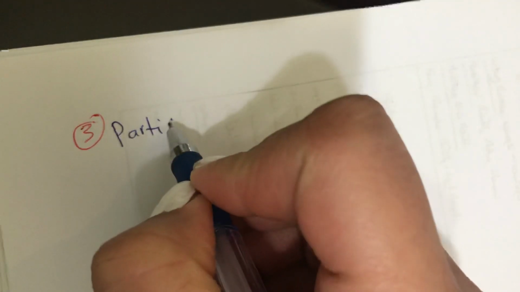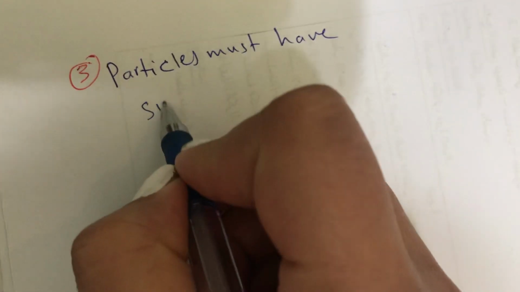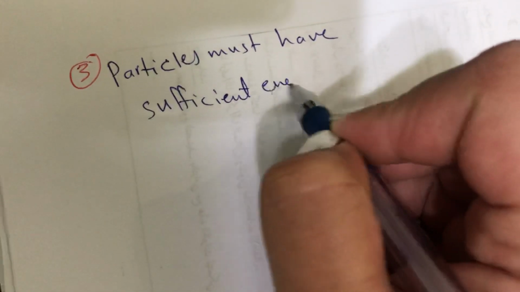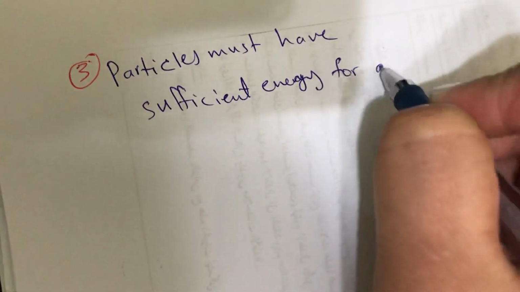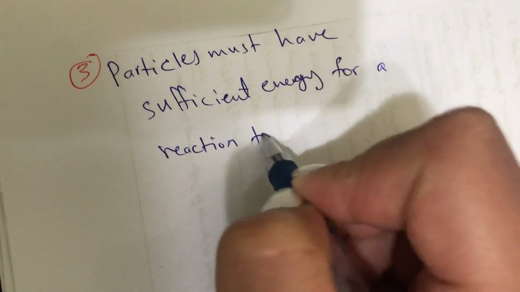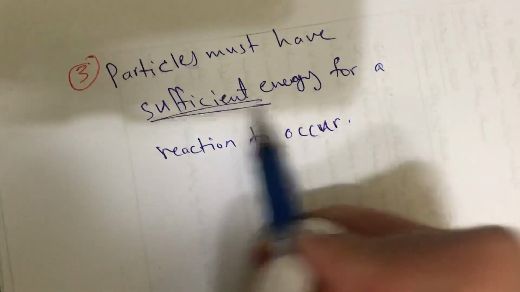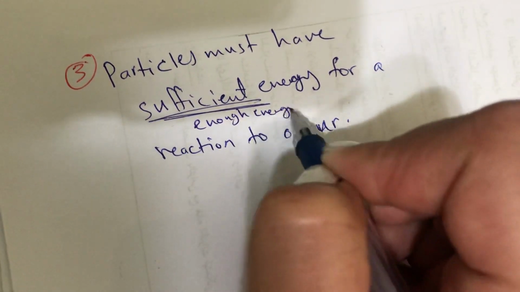The third assumption is that particles must have sufficient energy for a reaction to occur. Sufficient energy means enough energy.